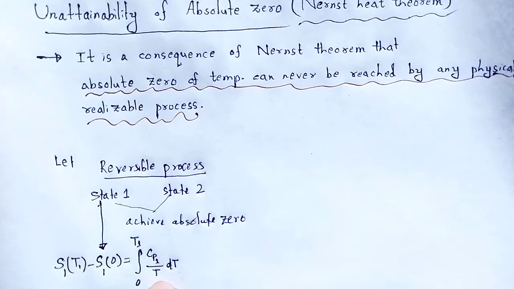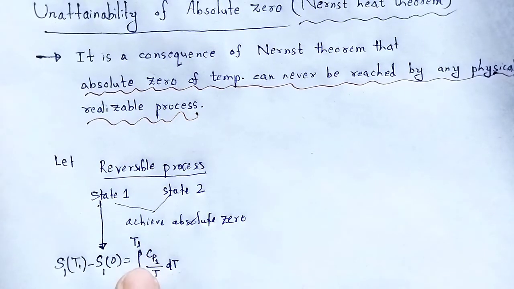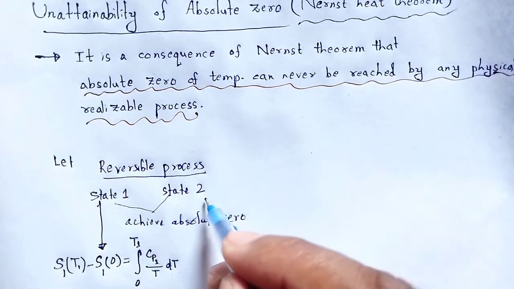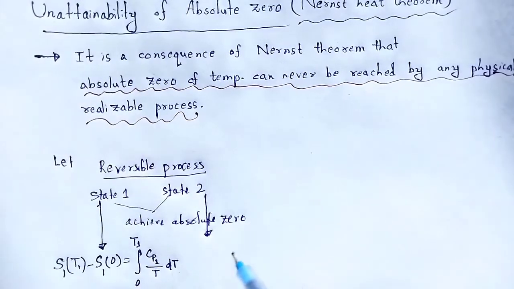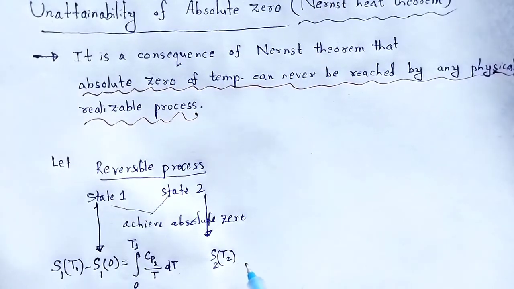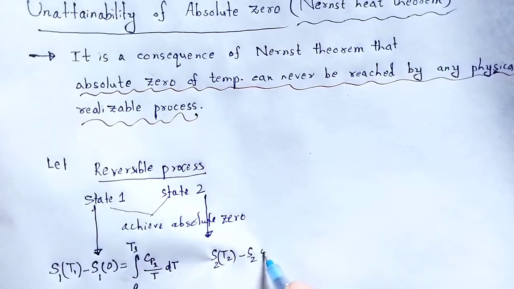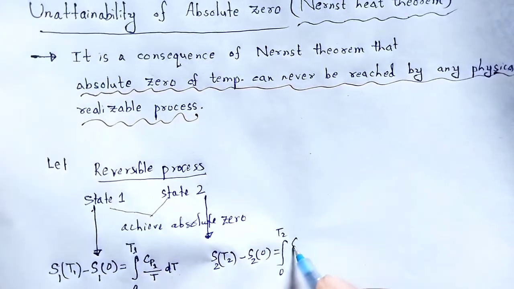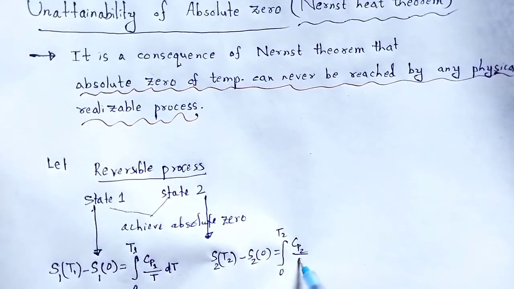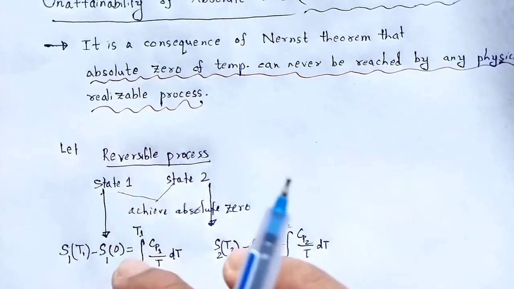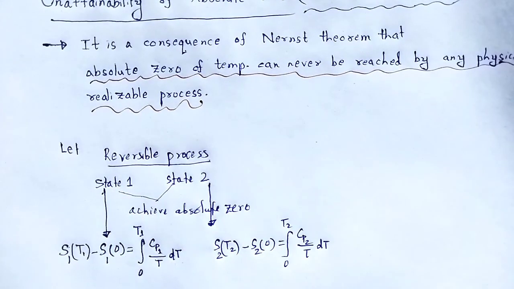Here it is dq by T, so in place of dq I substitute Cp dT. That is the change in entropy for state 1. Then for state 2, the change in entropy is S2 at temperature T2 minus S2 at temperature 0, equal to the integration from 0 to T2 of Cp2 by T dT. Here is the change in entropy in case of state 1 and state 2.